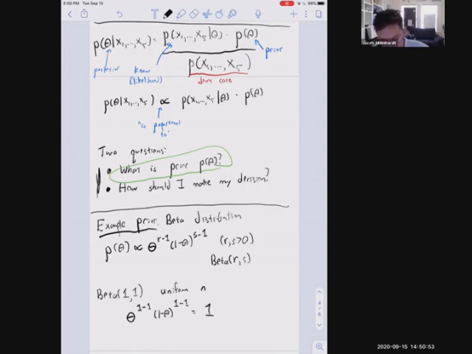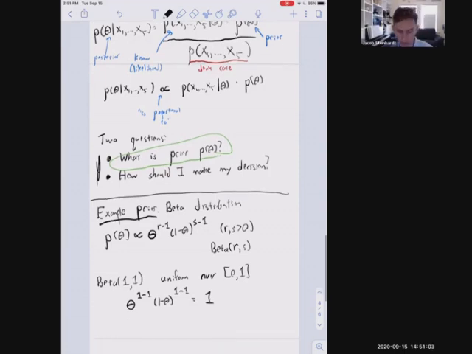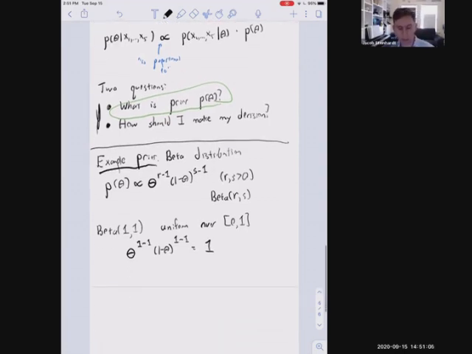So this is going to be uniform over the unit interval. But you can have other things as well. If we have beta of 2 comma 1, we'll have a density that is just linearly increasing, so it'll just be theta. Beta of 1 comma 2 would be 1 minus theta.